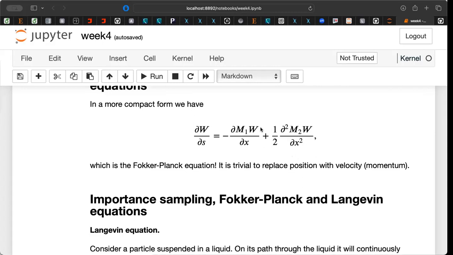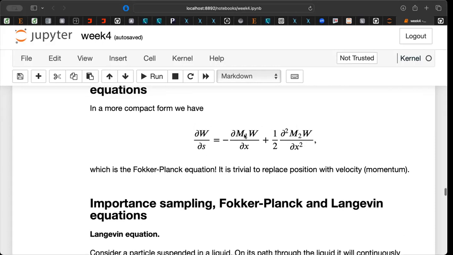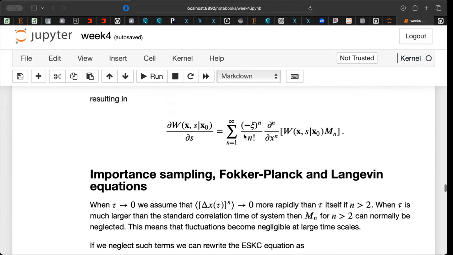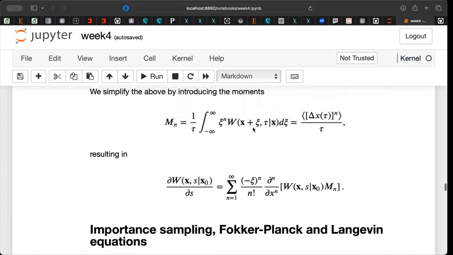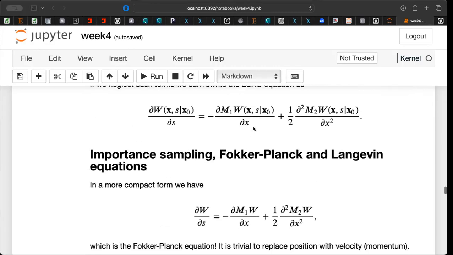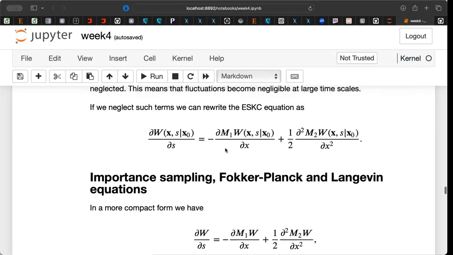And this term here, m1 times the transition probability, if we now go back to the definitions of these moments, we have defined these moments in terms of these integrals. And that means that when I look at these expressions here with some labor, we can recognize this in terms of this force, which depends on the derivative with respect to x.